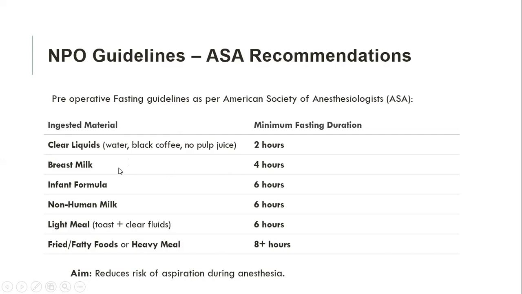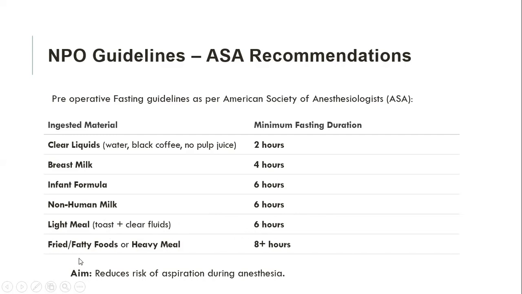Breast milk should be stopped 4 hours before the start of surgery. Infant formula milk should be stopped 6 hours prior to surgery. Non-human milk should be stopped 6 hours prior to surgery. A light meal like toast and clear fluid should again be stopped 6 hours prior to surgery.